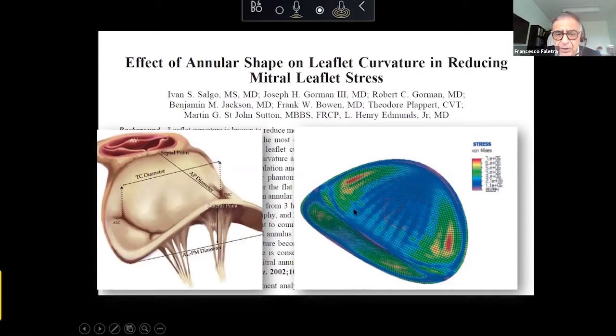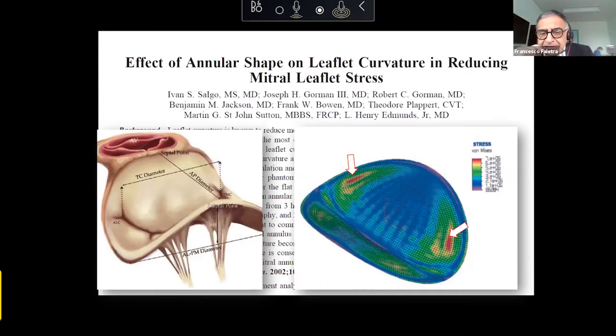He discovered that when you have this saddle shape configuration, the stress is concentrated in these two points. This is not a coincidence: they are the two points where the fibrous trigones are. So probably the fibrous trigones support the maximum stress, the maximum tension of the valve, and then they become robust.